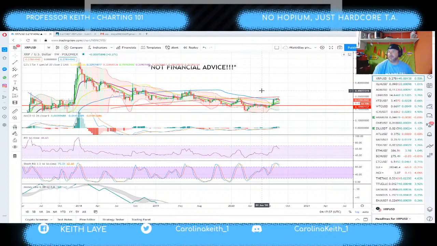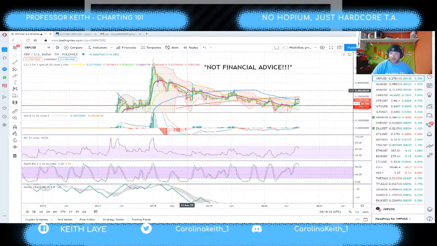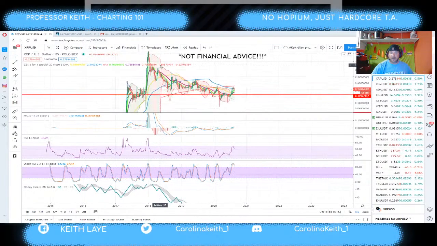Once we break the 200 and we're over the 8, then we're in a bull move. This is just sideways consolidation, just like it was right here in June 19, where we're measuring our fib from now.